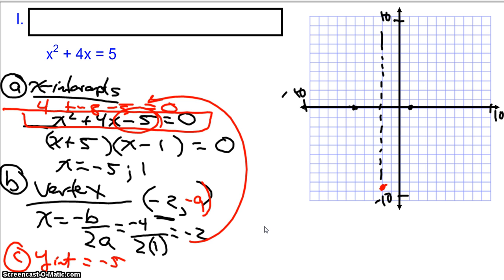So when we go plot that negative 5, what axis is it on? The y. I feel kind of ridiculous asking, but some people still don't know where the y-intercepts are. They're always on the y-axis, right? Now look at this. How far away from the axis of symmetry is that point? 2. So 2 units on the other side is its reflected point. See that? So it's a great way to find another point to help you graph. That's way easier than the other way. So now we draw the curve.